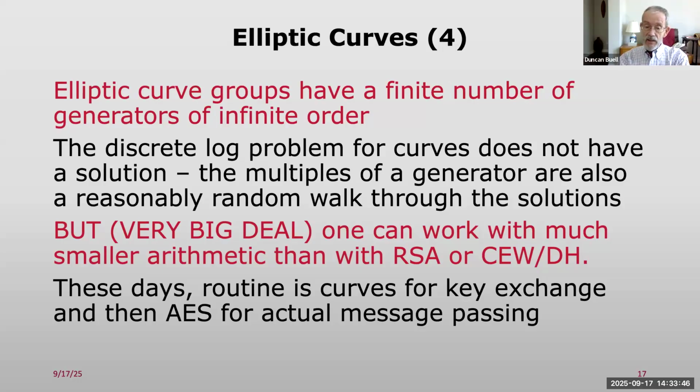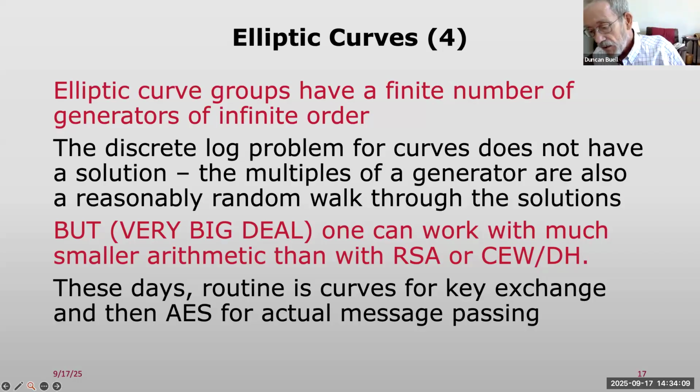And these days, the discrete log problem using elliptic curves is what is used for key exchange. And then that gives both parties at the end of a computer line the same key that is not something somebody else can hack. And then you can use AES for message passing.